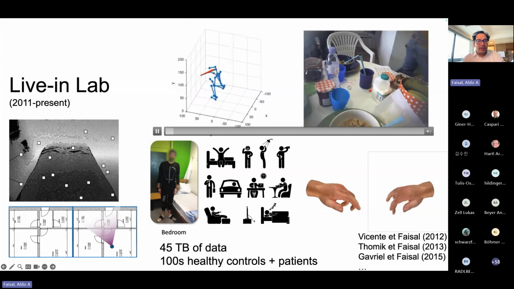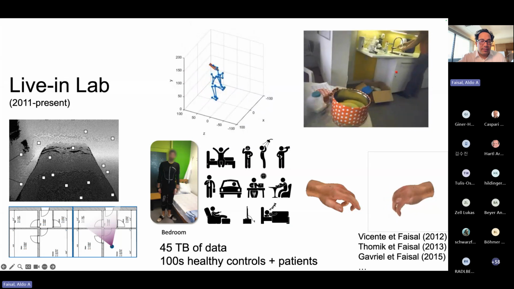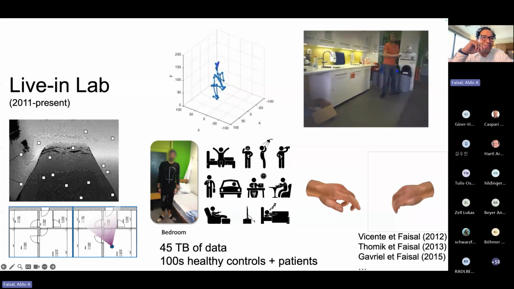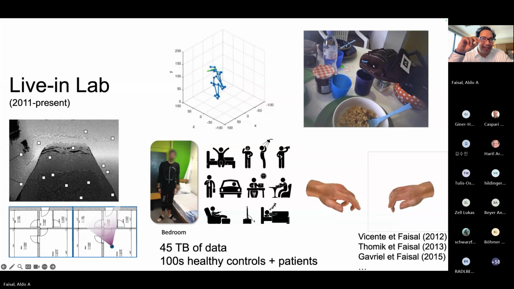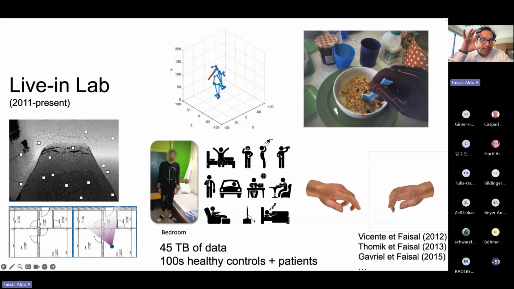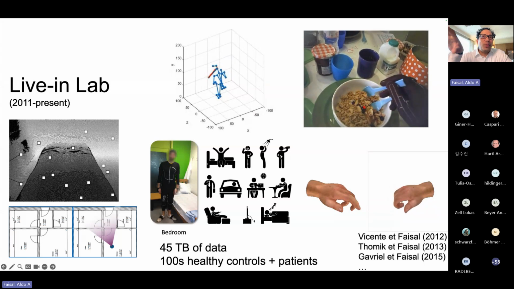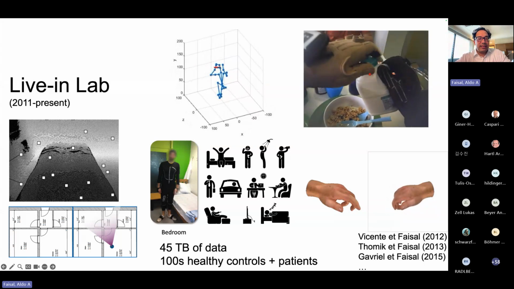This is an eye tracking device that tells you exactly where they're looking, and we can reconstruct their pose. From that, we can then do the hardest thing in medicine, start defining what is healthy, right? And once you have a decent definition of what is healthy, then you can start defining what is unhealthy behavior, what is behavior that is indicative of disease.